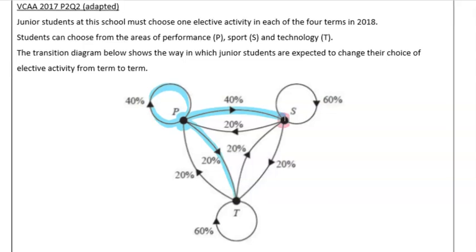Of the students who choose sport, 60% are expected to choose sport again the following term, 20% are expected to choose performance, and 20% are expected to change and choose technology. Finally, technology: 60% will choose technology again the following term, 20% will move to sport, and 20% will move to performance.